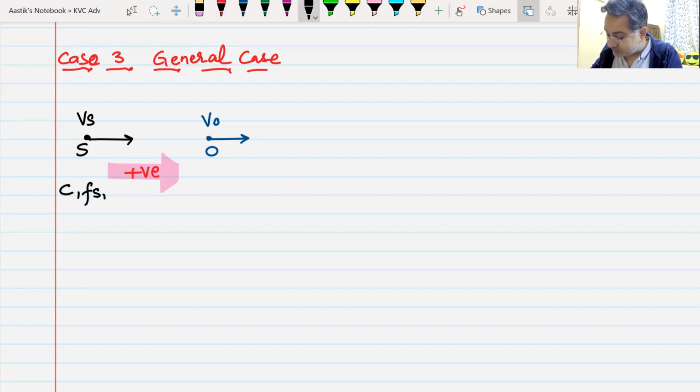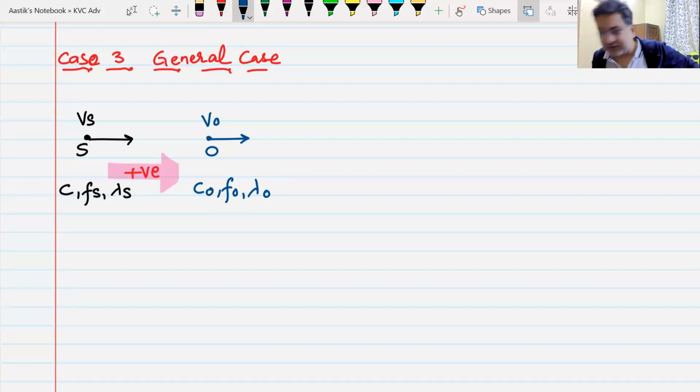Frequency is fs. Wavelength is lambda s. He is receiving sound c naught, f naught, lambda naught. Do we understand this? Or has this gone above our head? Understood, sir.